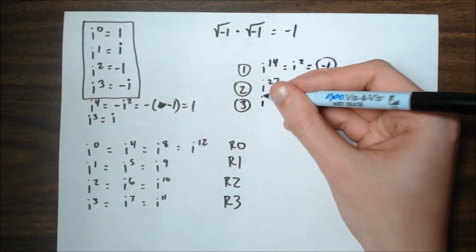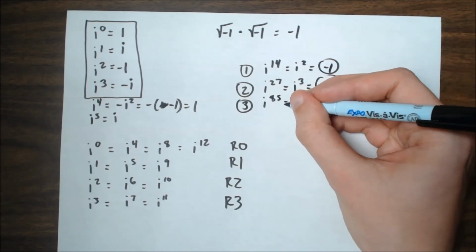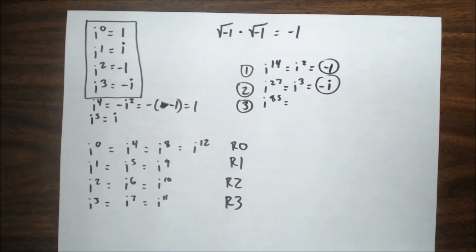If I say i to the 85th, well, what's the closest multiple of 4 to 85? Because 85 is not a multiple of 4 itself. Maybe you can't very quickly think of one. So what I tell people is, if you can't very quickly come up with a multiple of 4 that's close to it, then pick one that's kind of close, like 80. 80 is a multiple of 4, obviously, right?